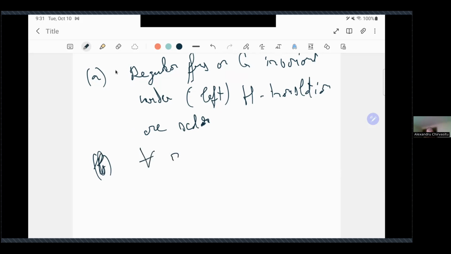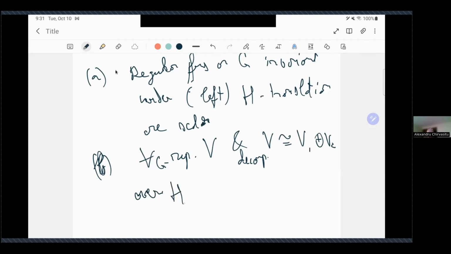For every G representation V, and decomposition, direct sum decomposition, V isomorphic to V1 direct sum V2 over H. So if it decomposes like this after you've restricted it to H, the decomposition already holds over G. So these are summands over G as well as H. You just knew to begin with that they were H summands, but they are in fact G summands as well.